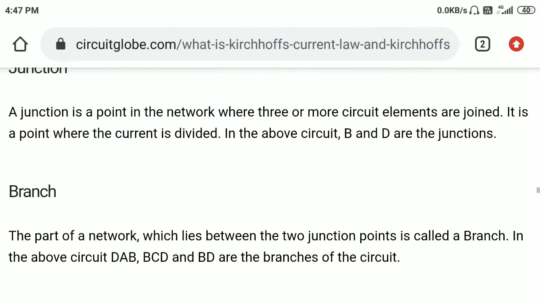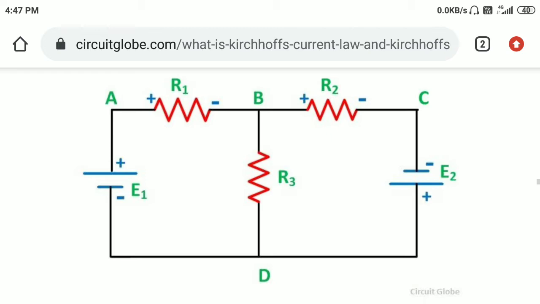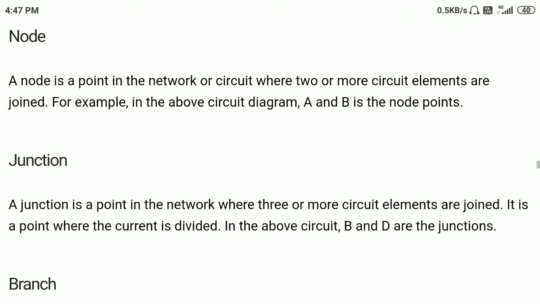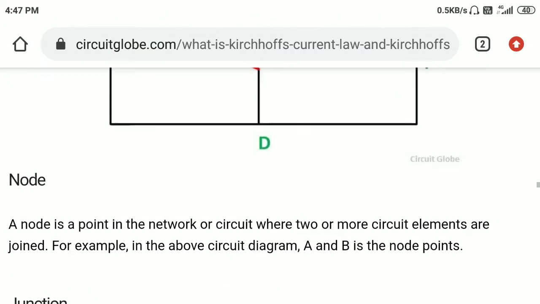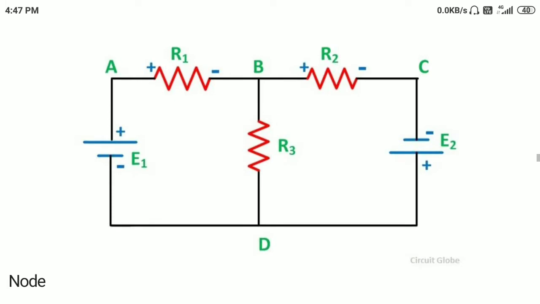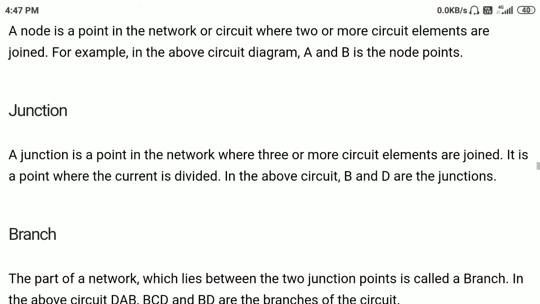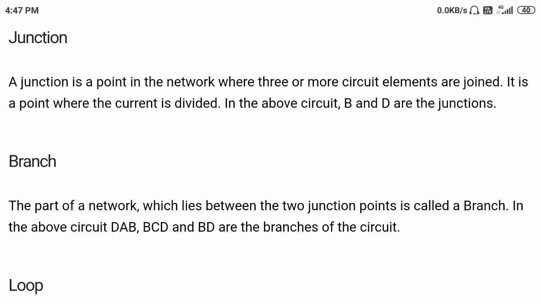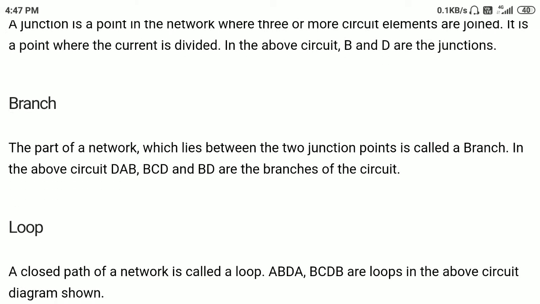See here, DAB is a branch, and DCB is a branch, and BD is a branch. So what is a branch? The part of a network which lies between the two junction points is called a branch. In the above circuit, DAB, BCD, BD are the branches of the circuit.